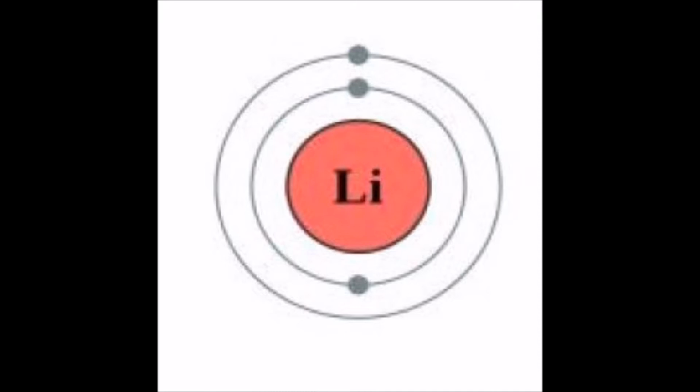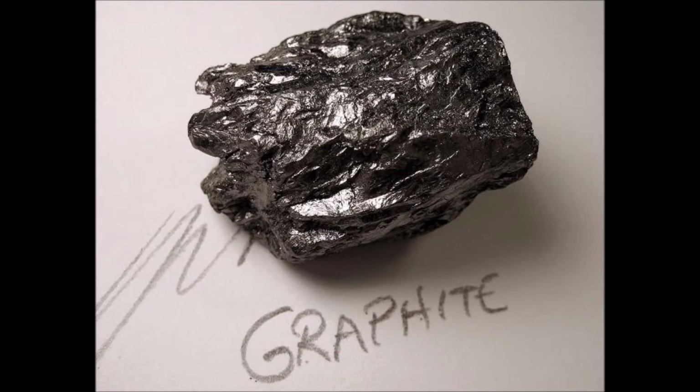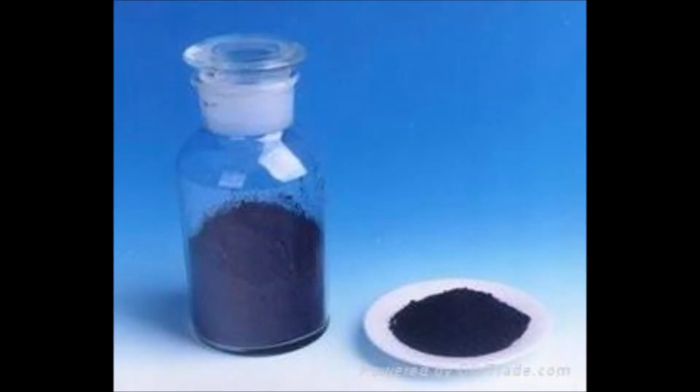The electrolyte is typically a combination of lithium salts, such as lithium hexafluorophosphate, lithium tetrafluoroborate, or lithium perchlorate, in an organic solvent. Graphite carbon is most commonly used for the anode, and lithium cobalt oxide is the most common cathode material.